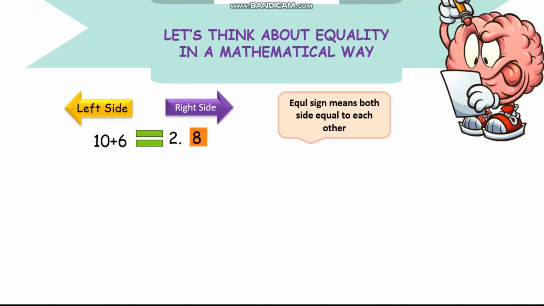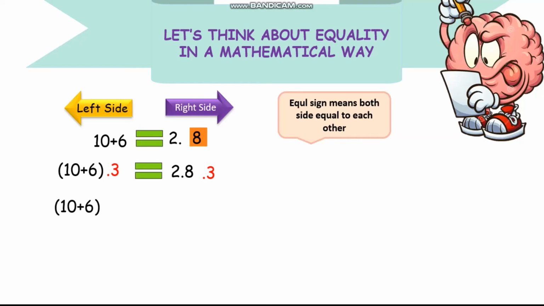Let's look at another example. Let's say that I multiply the left side by 3, and in order to protect the equality, I should also write what? Yes, I should also multiply the right side by 3. What else?